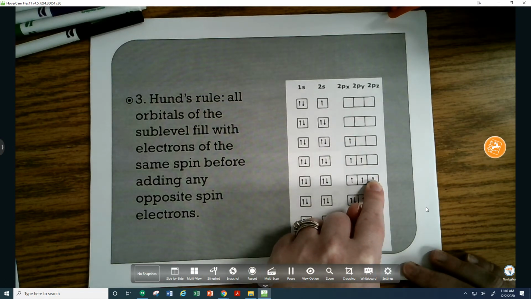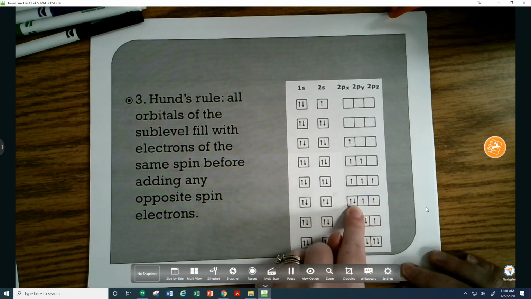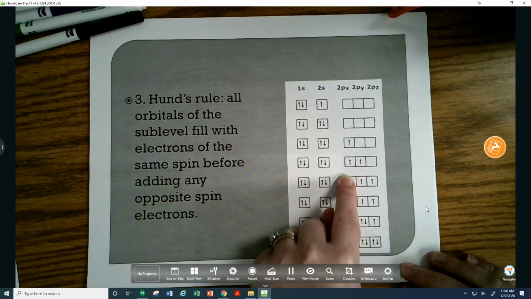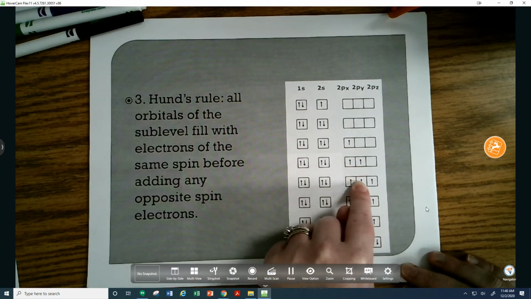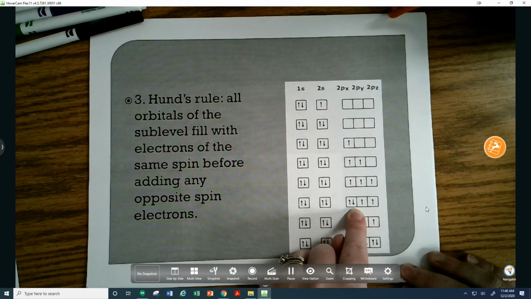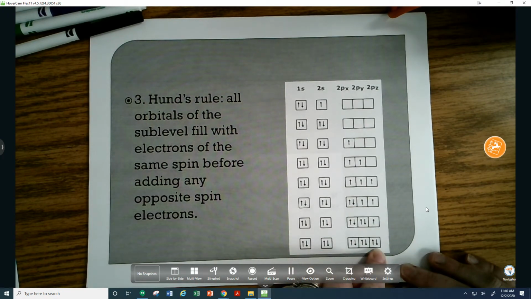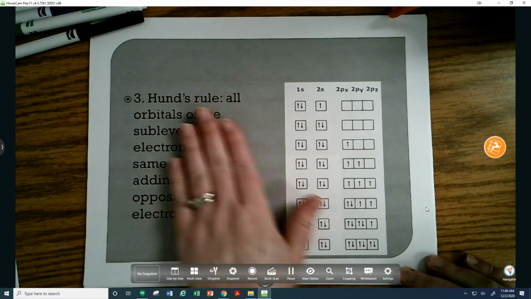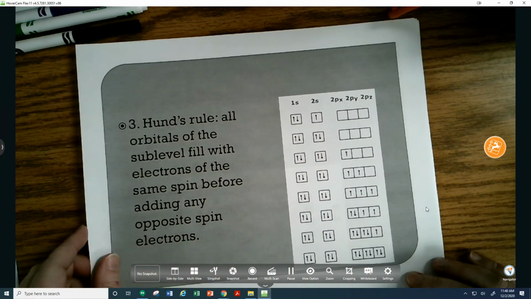Then, if the electron absolutely has to, it will then share a region of space. So again, just like you and your friends, you all probably want to drive your own bumper car until the bumper cars have run out, and then you'll be a passenger with your friend. And so again, electrons will share space if they have to. And like I said, this will start to make more sense as we do some practice here shortly.